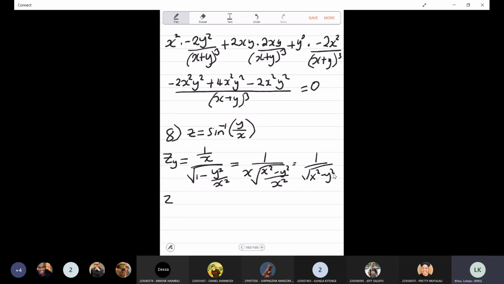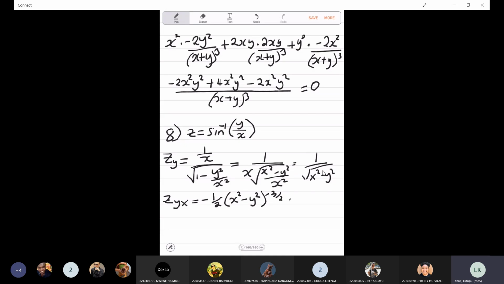So then zyx, now I differentiate this with respect to x. So this is just x squared minus y squared to the power of minus half. So the minus half will come down. Then I have x squared minus y squared to the power of minus half minus 1, which is minus 3 over 2.